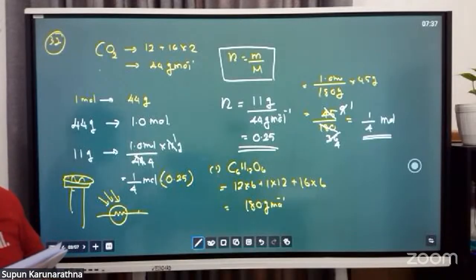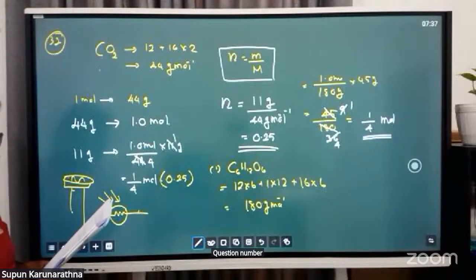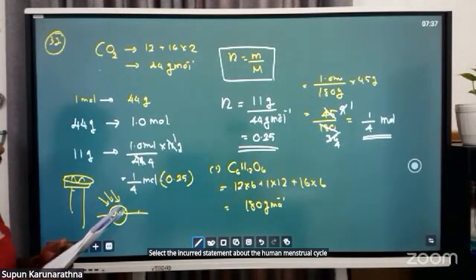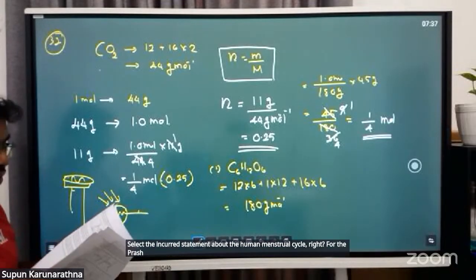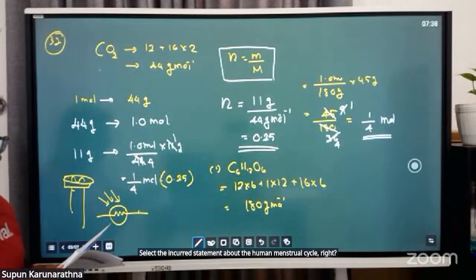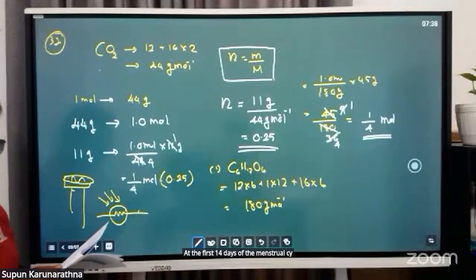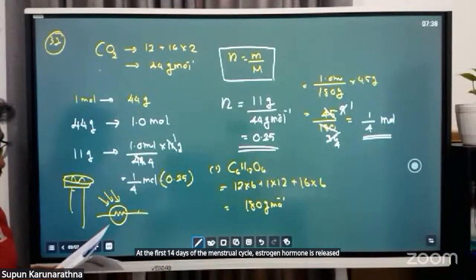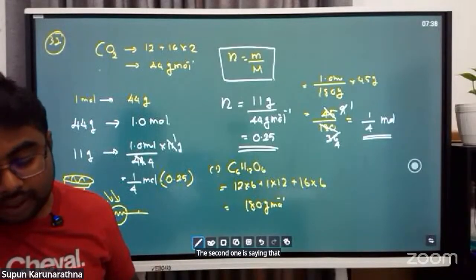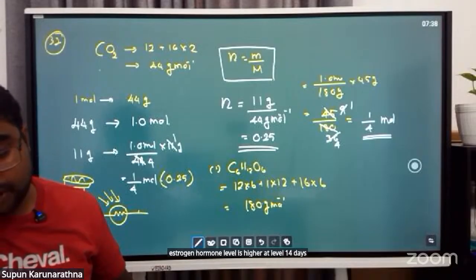Now I come to question number 34. Select the incorrect statement about the human menstrual cycle. This is a question we got after a long time. First, in the first 14 days of the menstrual cycle, estrogen hormone is released from the ovary. Second, the estrogen hormone level is higher in the first 14 days of the menstrual cycle.